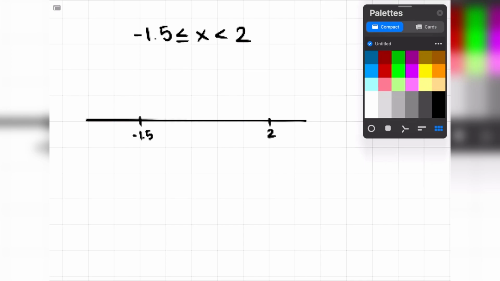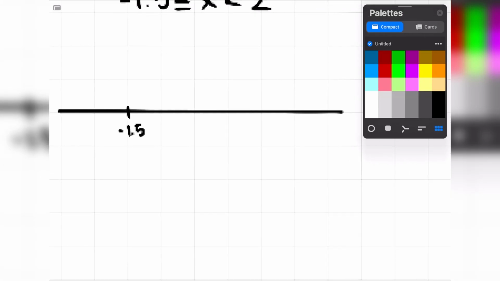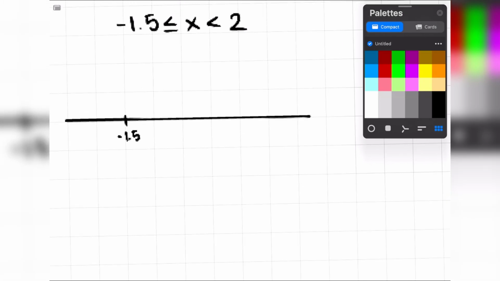It doesn't have to be accurate, right? If you're drawing it like this, if you don't have a graph, you're only drawing the direction they're in, right? So it doesn't matter if I put 2 there, or if I put 2 here, or if I put 2 all the way over here, or if I put 2 right next to it. What's important is the direction they're going to, right?